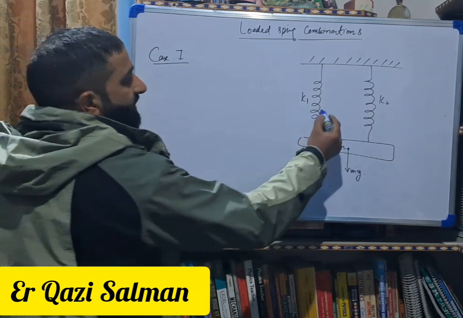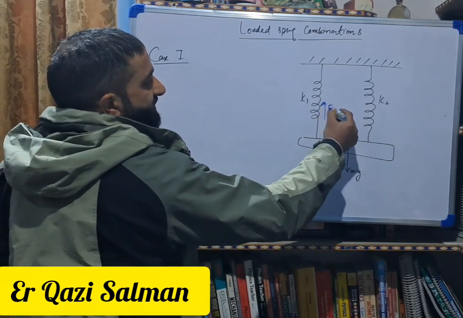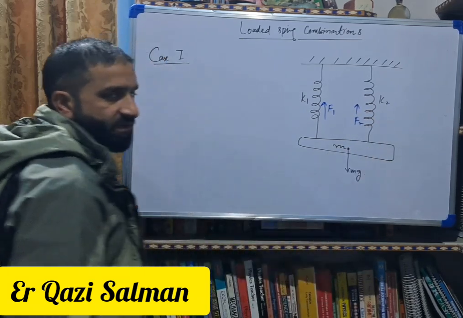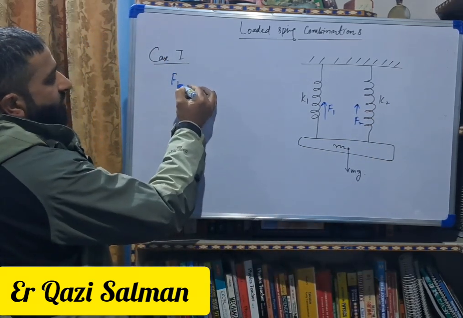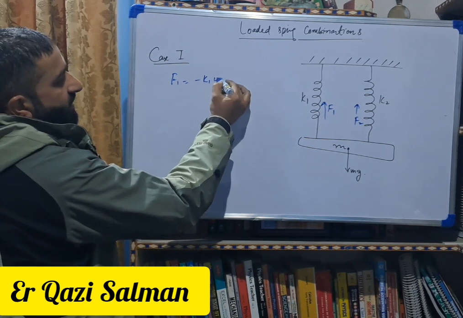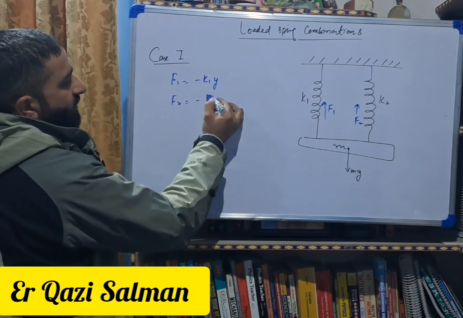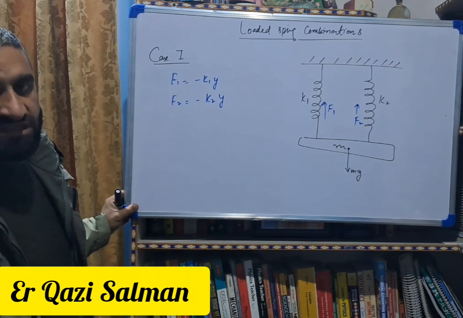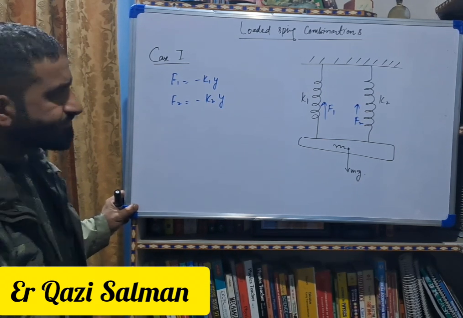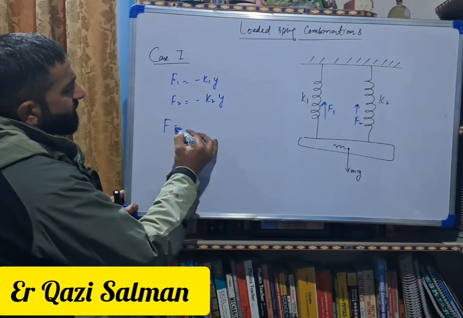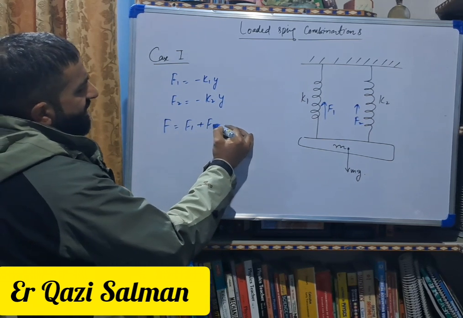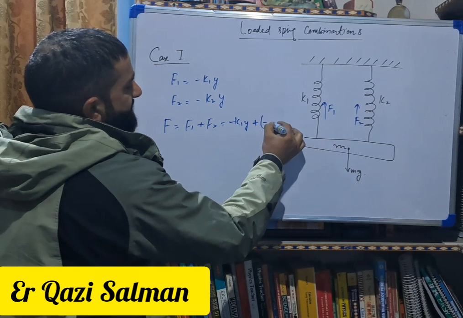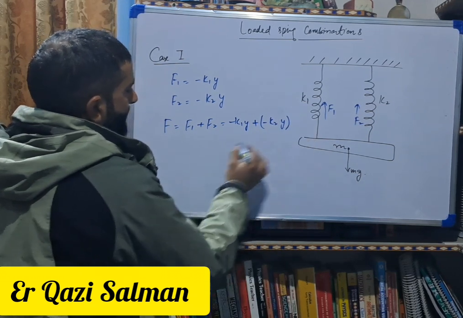Let F1 be the restoring force in this spring and F2 be the restoring force in this spring. We know that F1 is equal to minus K1 into Y and F2 will be equal to minus K2 into Y, as the displacements will be the same in both springs. Now, the effective restoring force will be equal to F1 plus F2, minus K1Y plus minus K2Y.